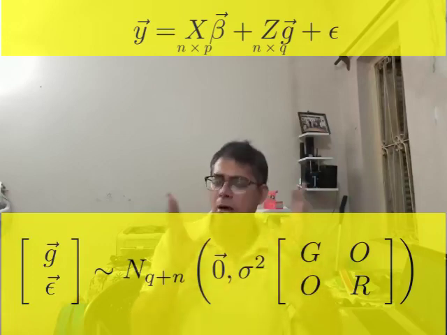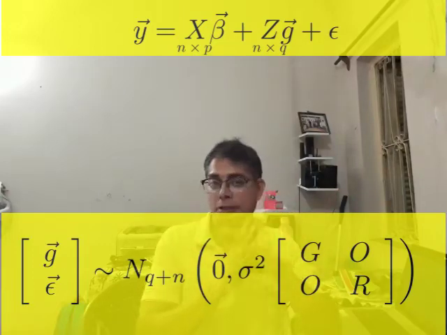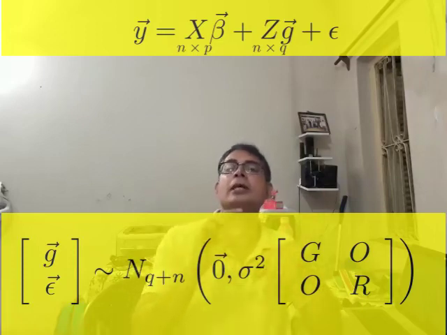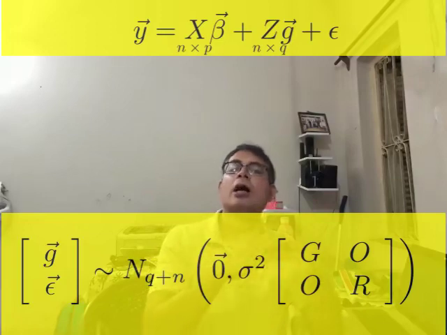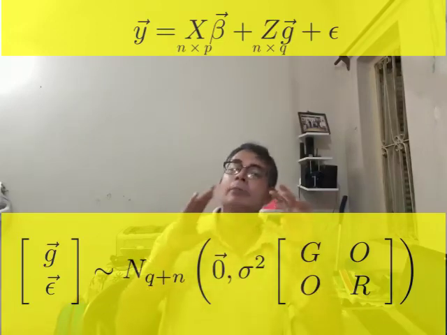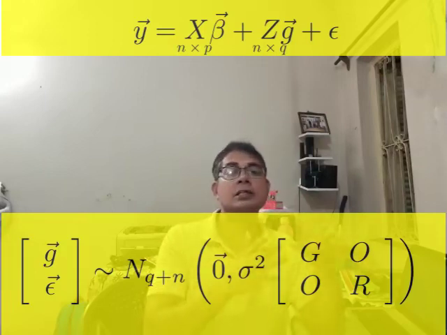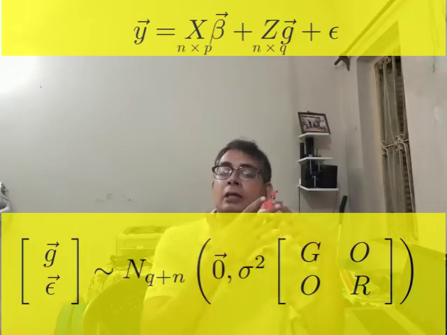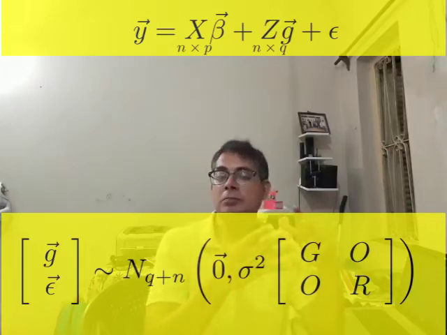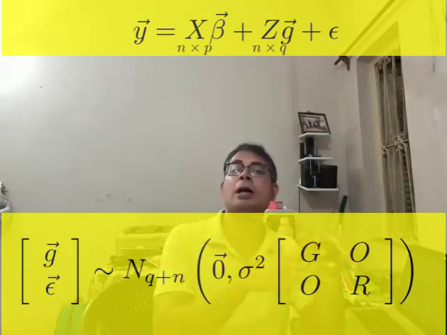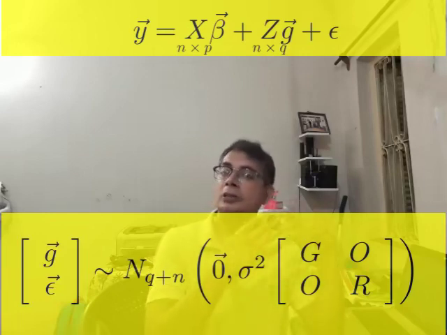That's just the common notation. If you think they have different variances, that is fine. Just incorporate that additional constant in G or R separately. In many cases, we assume that G and R are completely known and given. In certain cases, they may involve further parameters like some theta parameter. They may have compound symmetry structure or AR1 structure. In that case, G and R will have known forms involving the unknown parameter theta.